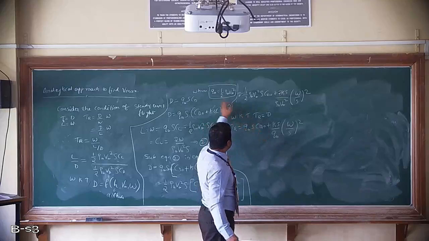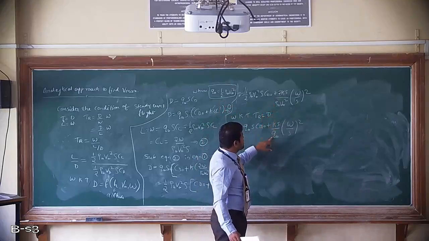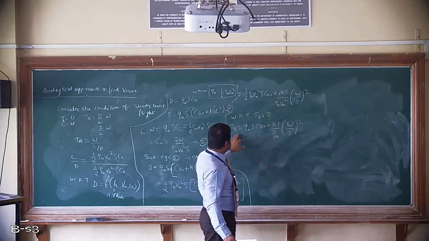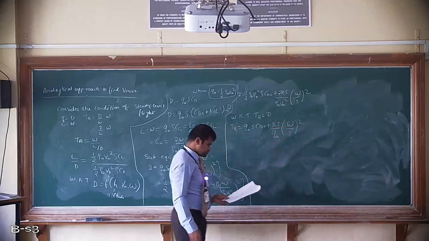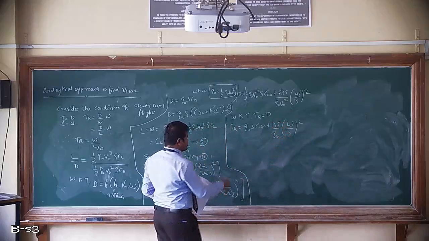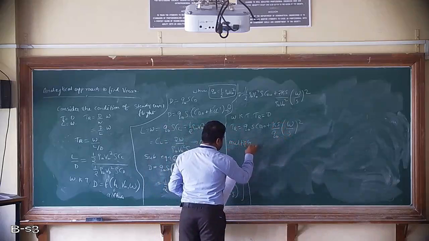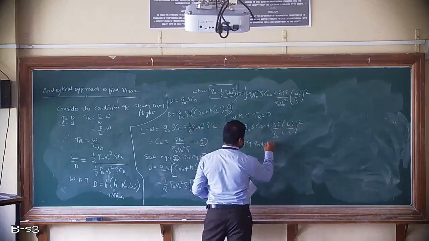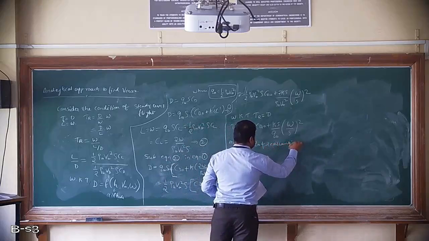I am substituting Q infinity everywhere. Half rho infinity V infinity square will be nothing but our Q infinity, and the 2 will go at that time. Then the rest remains as it is. So now multiply by Q infinity and rearrange the terms.